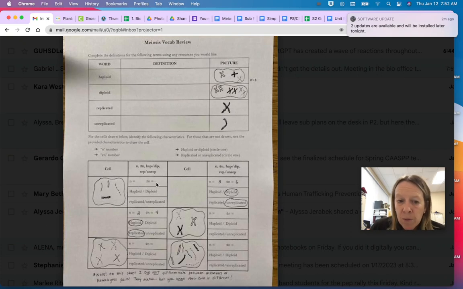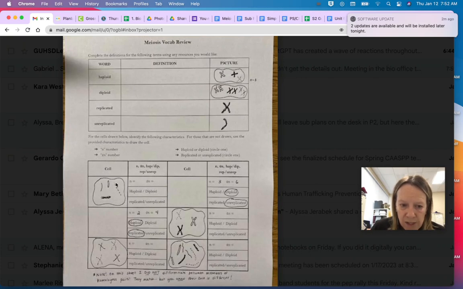Your 2N number would be 8, because that's just math. This one doesn't have 8 chromosomes because it only has 1 of each type, so it is haploid. And these chromosomes are unreplicated because they don't have the 2 sides of the X. They only have the 1 side. So this would be 4, 8, haploid, unreplicated.